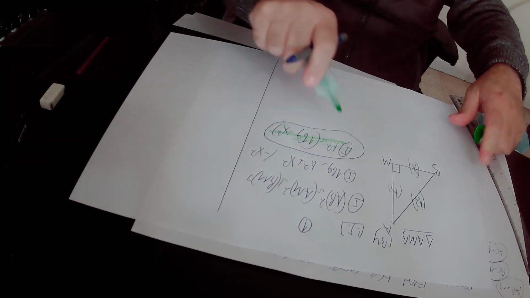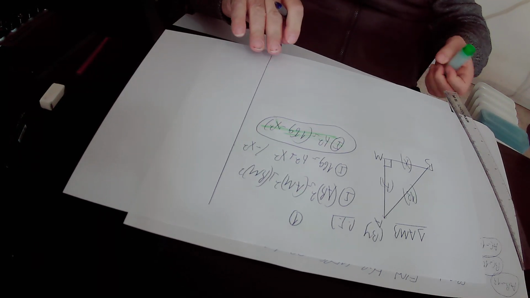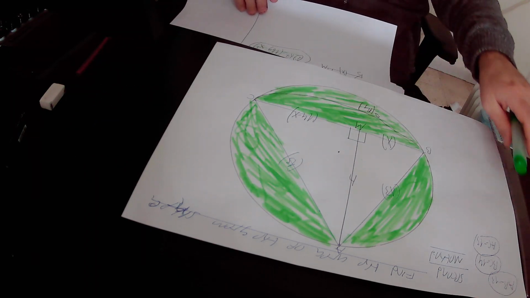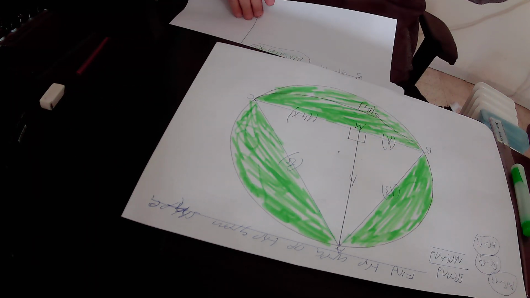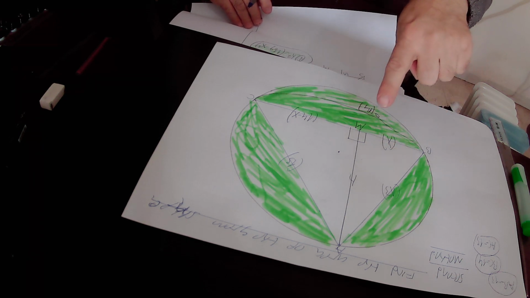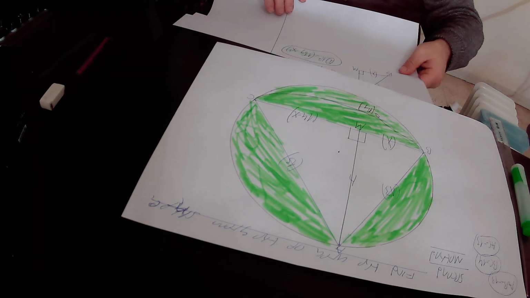In the next step, I will copy the right triangle AMC in the new page, and we will implement on this right triangle AMC the Pythagoras theorem.